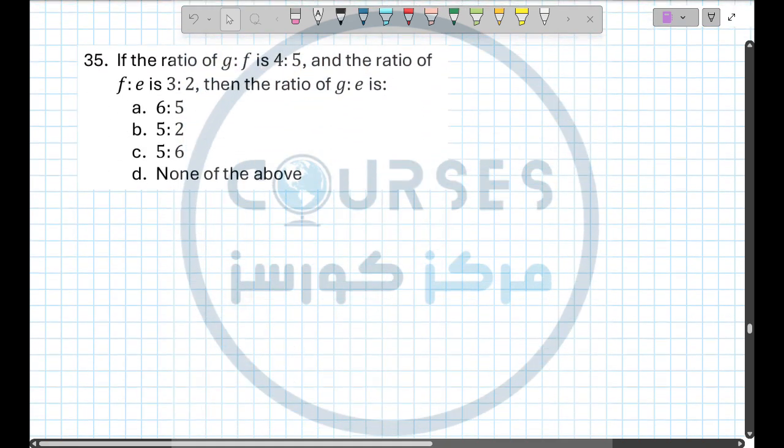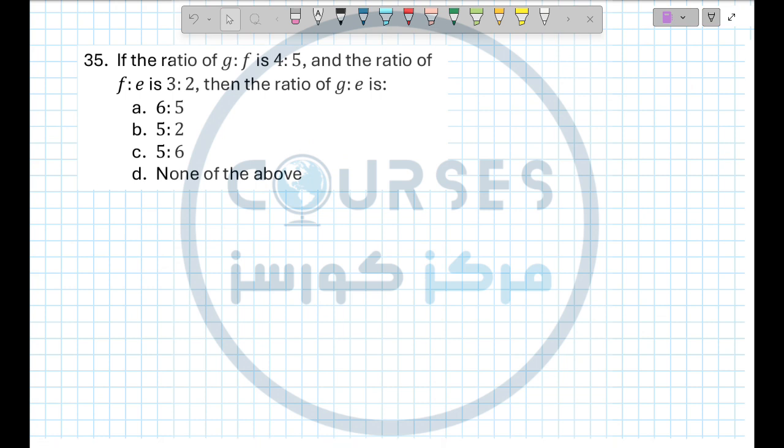Okay, if the ratio of G to F is 4 to 5, and the ratio of F to E is 3 to 2, then the ratio of G to E is, okay. In ratios here, we aren't given a fixed value. It's just that they are all ratios.